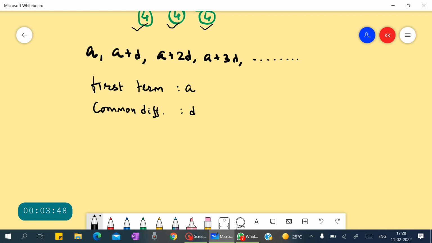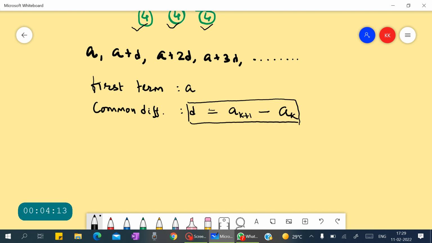My dear students, D would be nothing but taking any term, suppose A(K plus 1) minus A(K). Correct? So this is the common difference. D equals A(K plus 1) minus A(K).